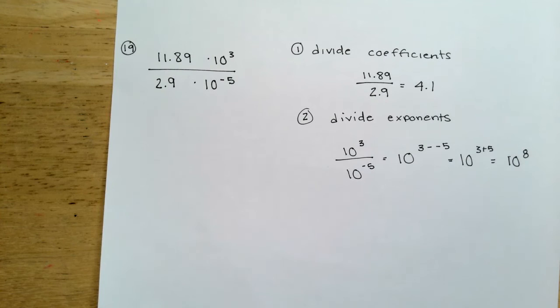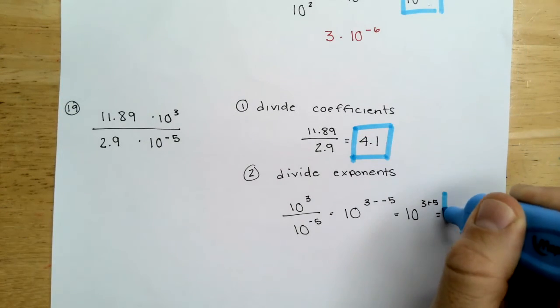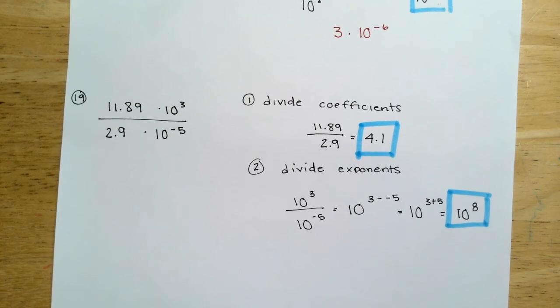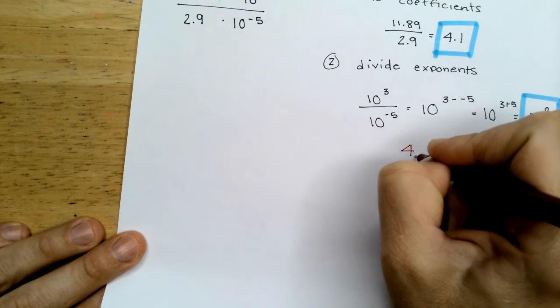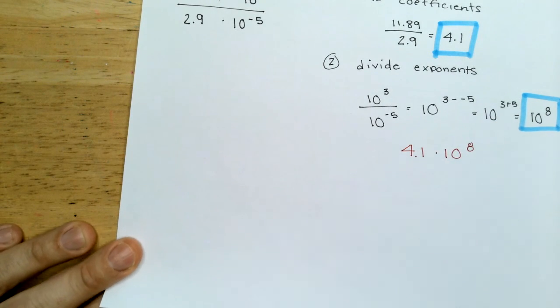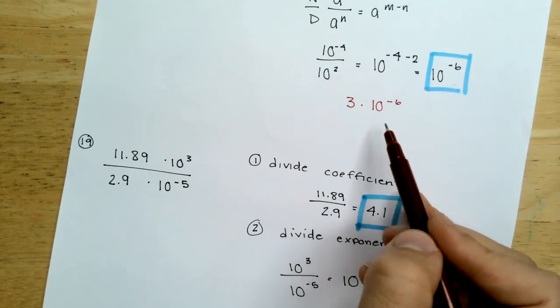Good? 4.1 times 10 to the 8. You still only have one number in front of the decimal. One number in front of the decimal.